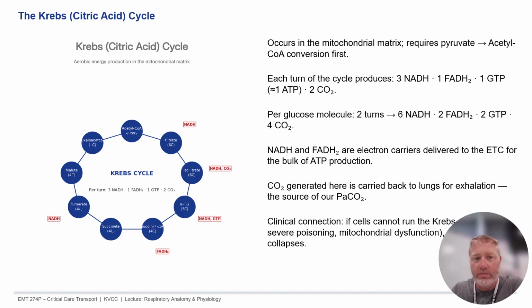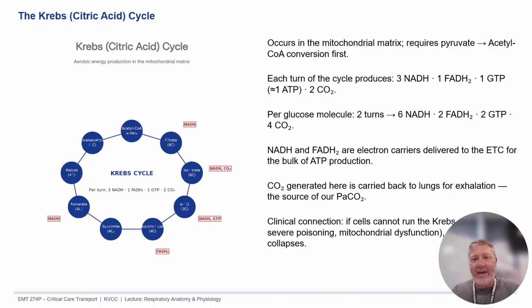That's a mouthful. The cycle then proceeds through 8 steps, releasing 2 molecules of CO2, generating 3 NADH, 1 FADH2, and 1 GTP. All of that equates to around 1 ATP.